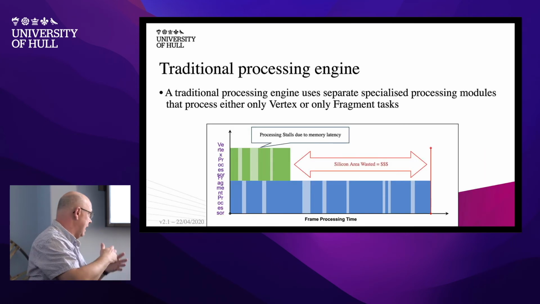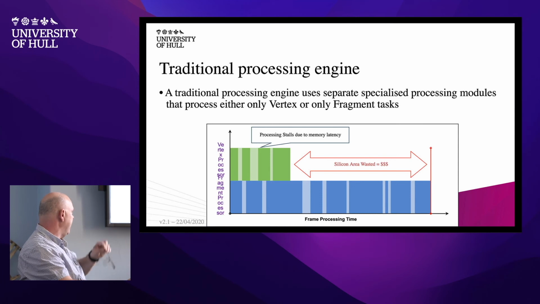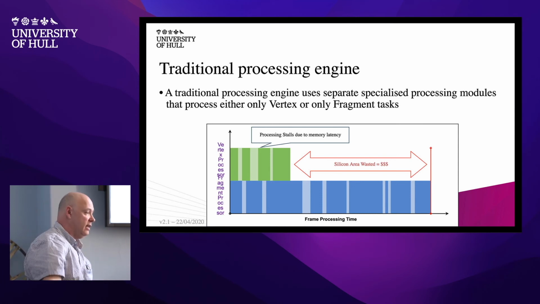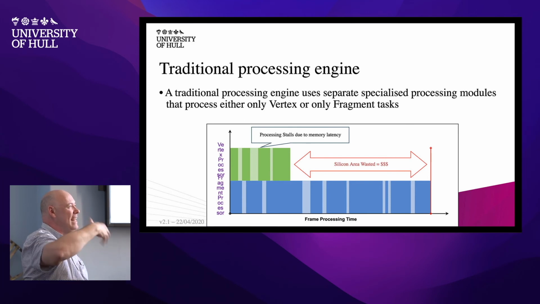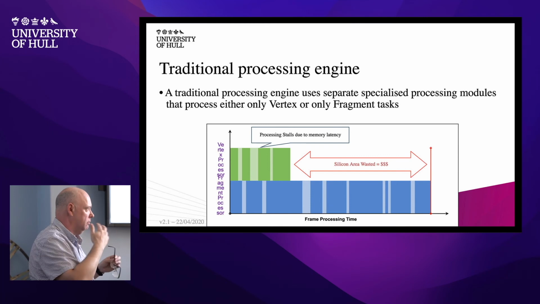The other thing that's really come on over the last few years is processing engines. Traditionally, you would have a processor that can do all your vertex shaders, and processors that can do fragment shaders, which is all well and good. But vertex shaders you tend to reuse. You don't tend to have a special vertex shader for each individual thing you're doing.